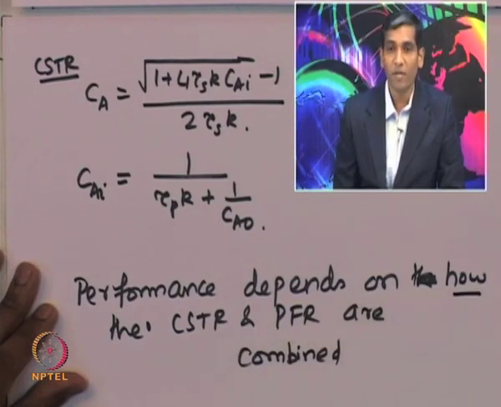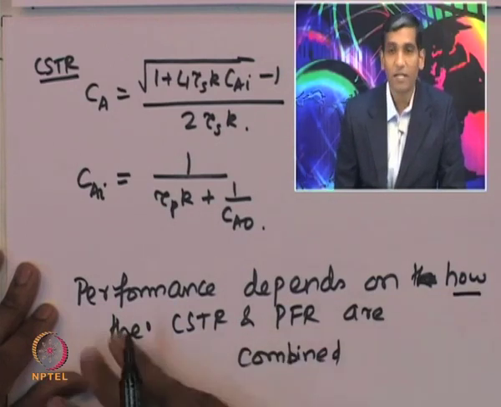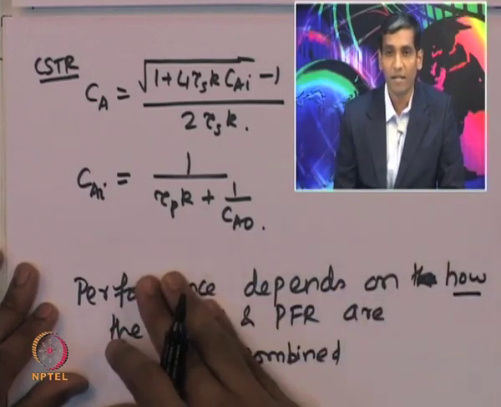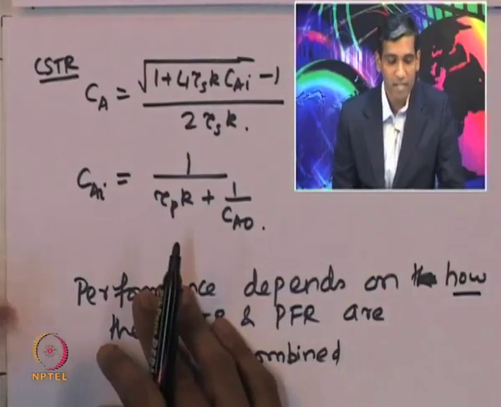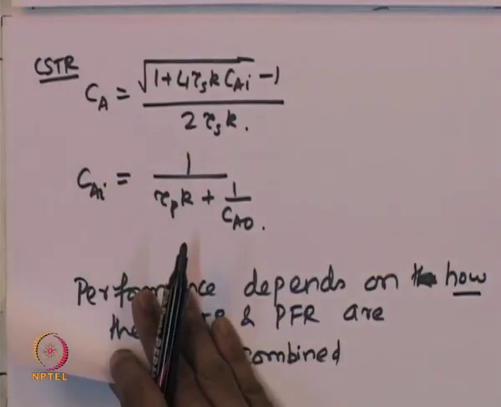So, it is important how they are combined, which means that whether the CSTR appears first or later matters when we estimate the performance of the combination of reactors.